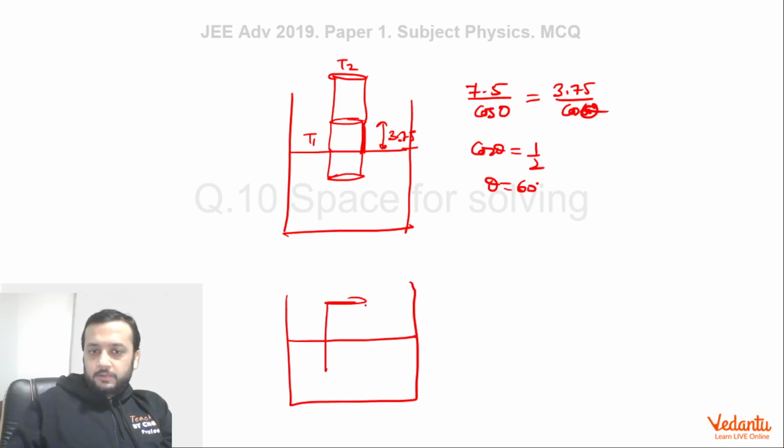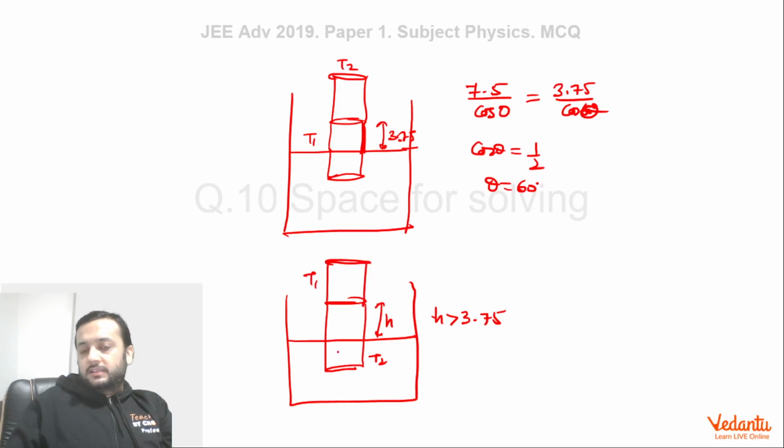Now in the second case, we are allowing T2 of sufficient height. T2 is at the bottom. This is T2, and we are allowing this H to be greater than 3.75, and T1 is above. So you can see water will only rise up till 3.75, and the angle of contact will be 60°.